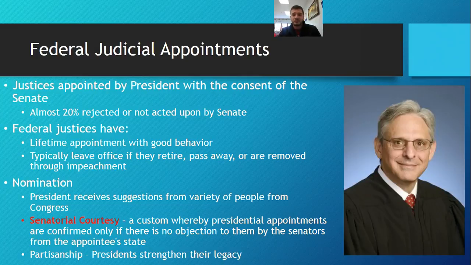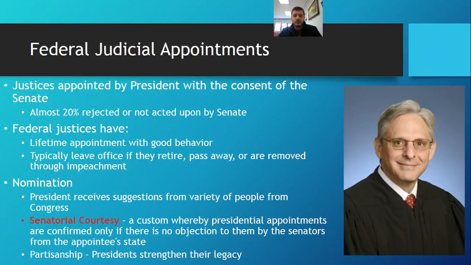Like I said, there are 94 federal district courts, and all of those judges are appointed by the president. From there, if you're a federal district judge, you can move up to an appellate court, and then eventually maybe get to the Supreme Court if you'd like to as well.